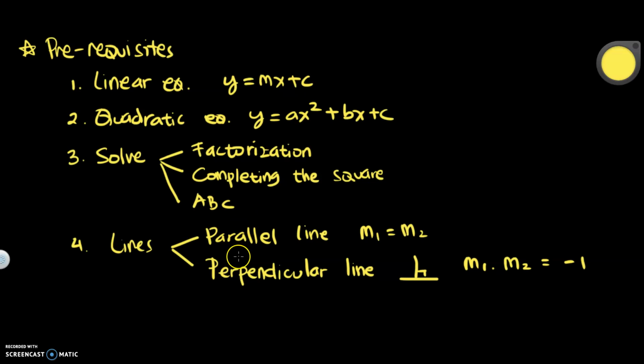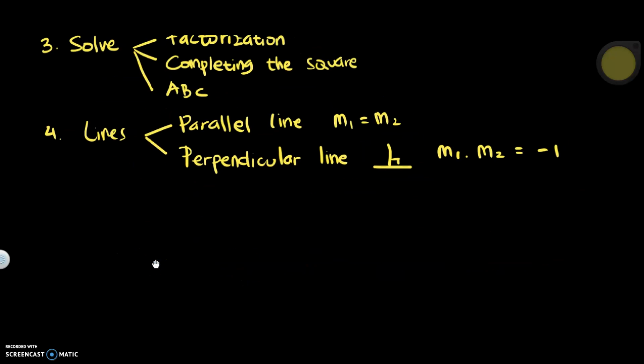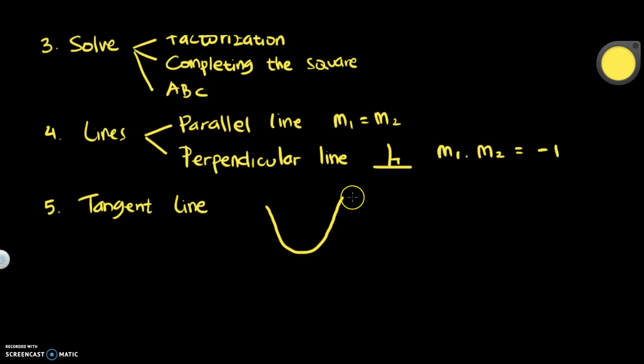And other than these 4 points, I also expect you to know about the tangent line. So what is a tangent line? If you know about a curve, for example, this is a very wiggly quadratic curve, this curve can have a tangent line.